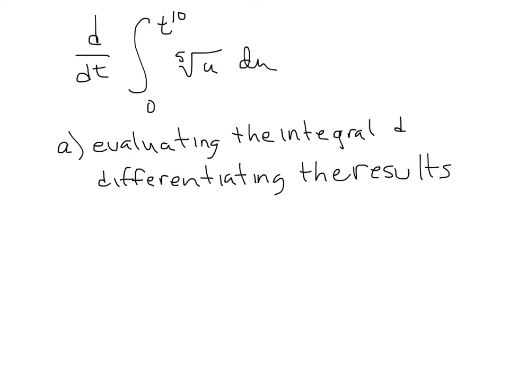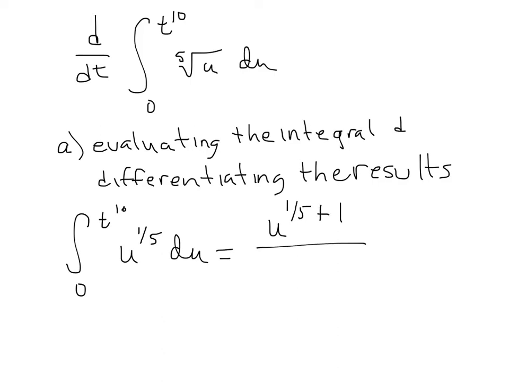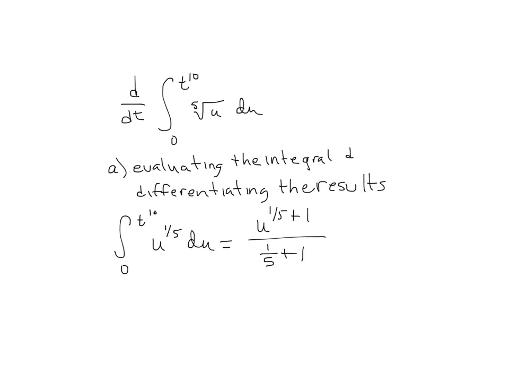So to evaluate this integral, from 0 to t to the 10th, fifth root, I'm going to write as u to the 1/5 du. So to define this antiderivative, I add 1 to the top, add 1 to the bottom.